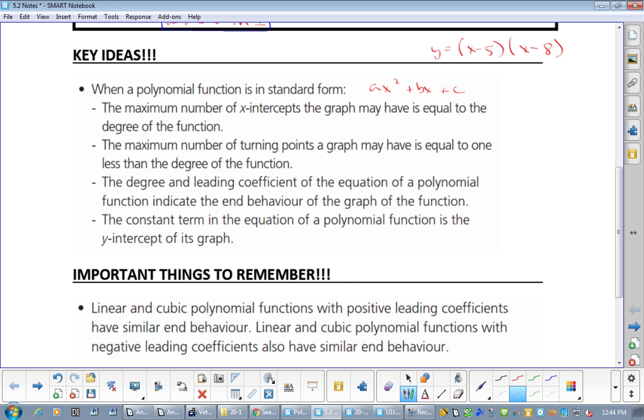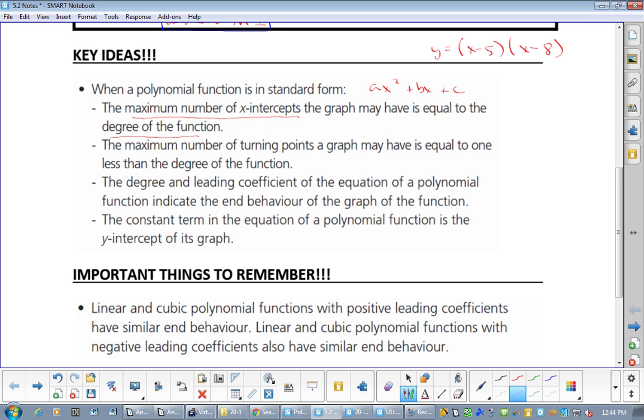The maximum number of x-intercepts the graph may have is equal to the degree of the function. That's a lot, okay? The maximum, it doesn't have to be, but it can be, is equal to the degree.